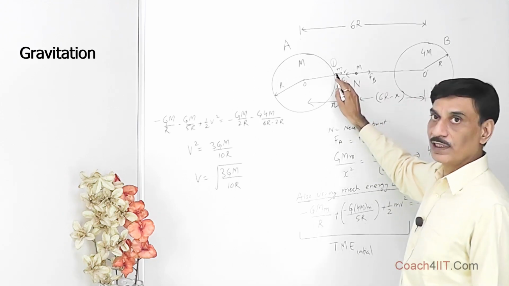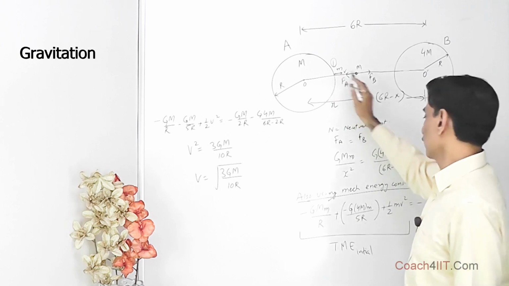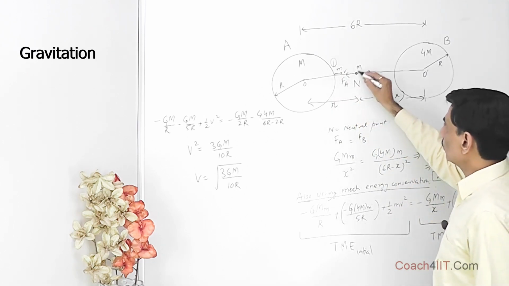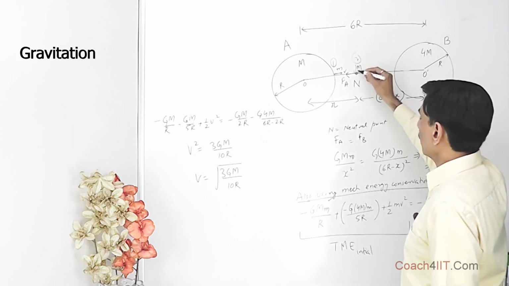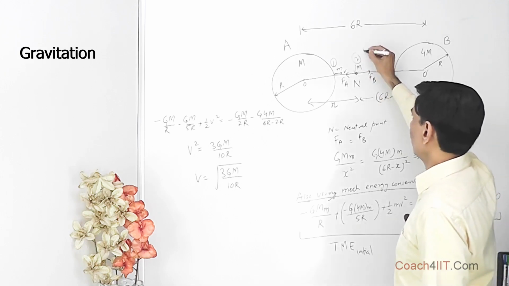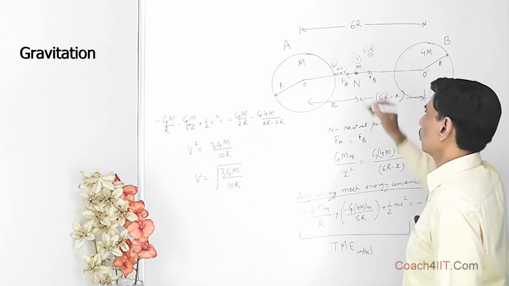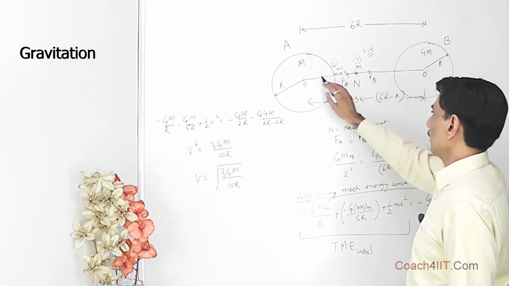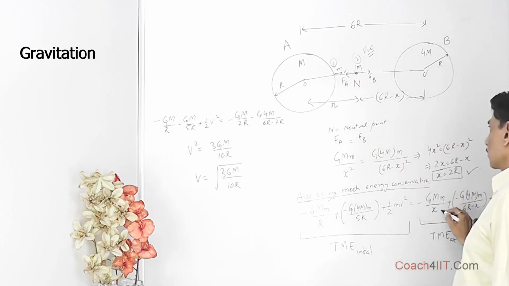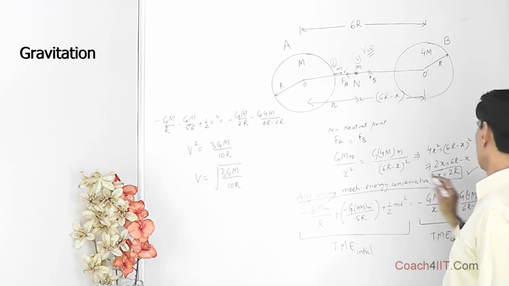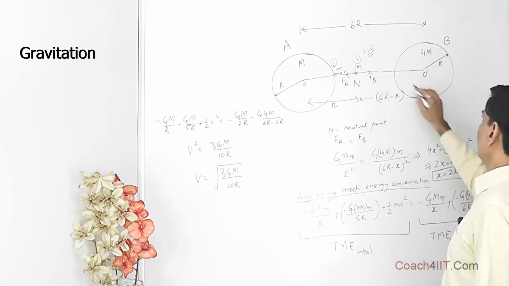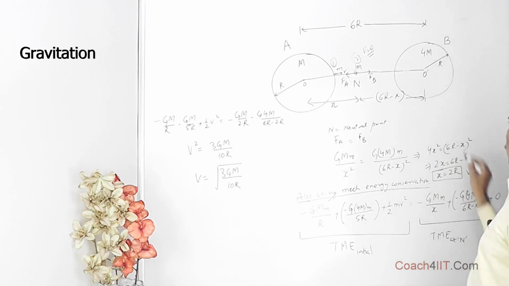Also, it has been given a velocity, which means the kinetic energy is half mv square. When it just reaches the neutral point, we assume its velocity is just equal to 0. Now the gravitational potential energy between the mass and the first sphere is minus GMm upon x, where x is the distance between the two, which is equal to 2r as we calculated, plus the gravitational potential energy with the other sphere, that is minus G into 4m into m upon 6r minus x.